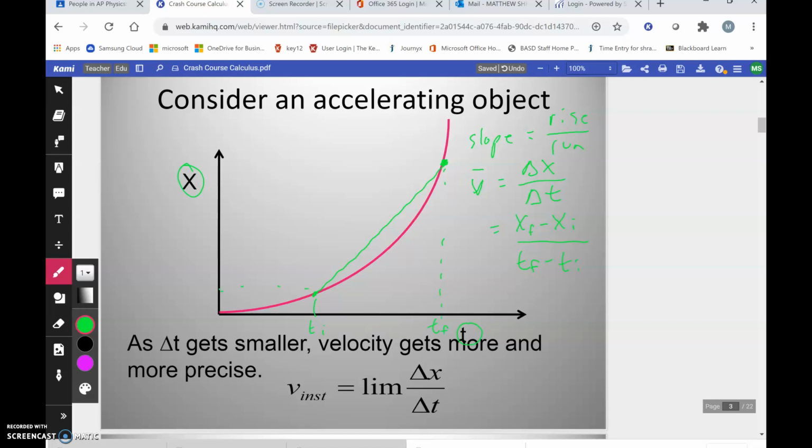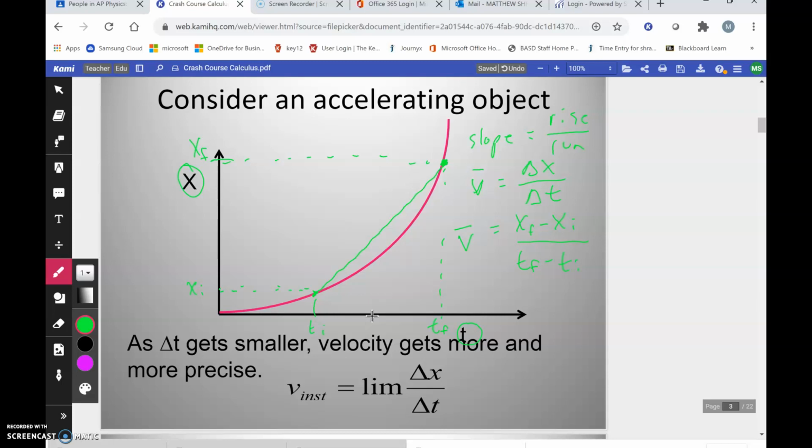And if we go over to our y-axis, in this case our position axis, this would be our x initial, and over here somewhere would be our x final. We would use this slope formula to find an average velocity between these 2 points.